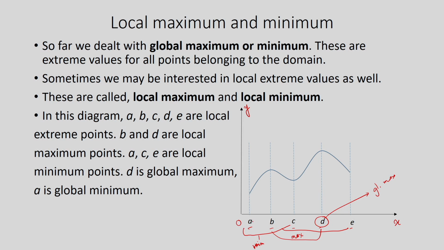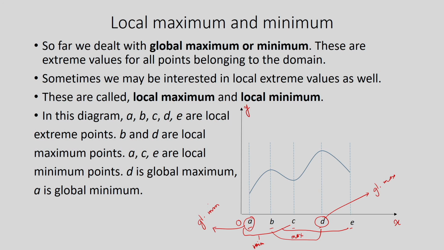On the other hand, between the 3 local minima, that is A, C and E, if I think about the global minimum, it will be A. This is the global minimum.